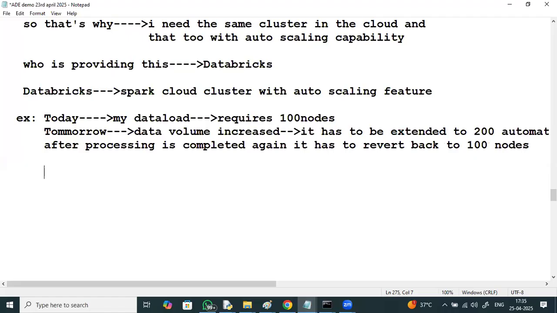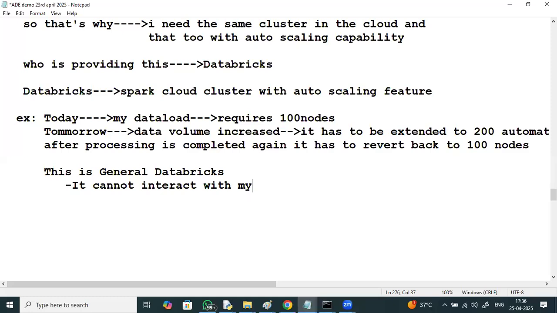This is general Databricks. It cannot interact with my Azure storage services.